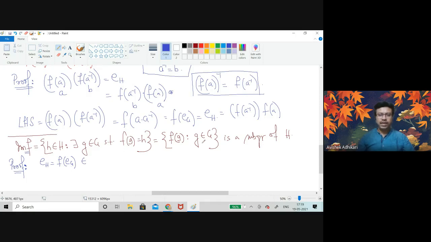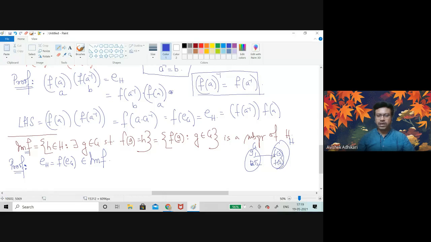Any element which belongs to G, if you take F of that, will be in the image of F. Because here it is your G and this is your H, and you are sending all the elements, G, G1, G2, whatever may be, to F(G1), F(G2) and so on.